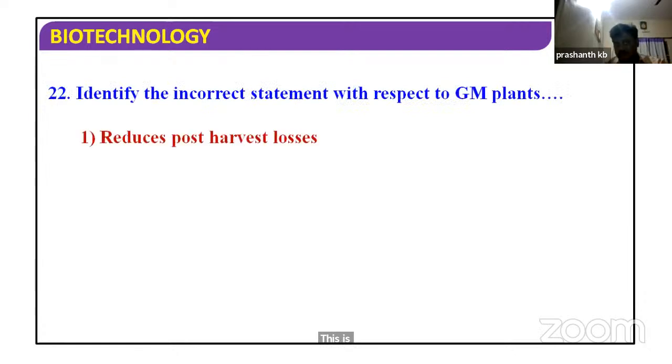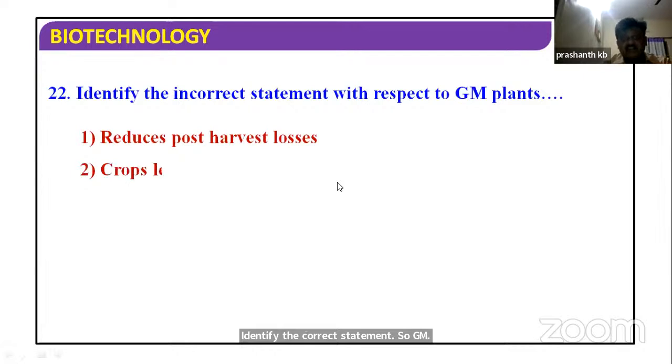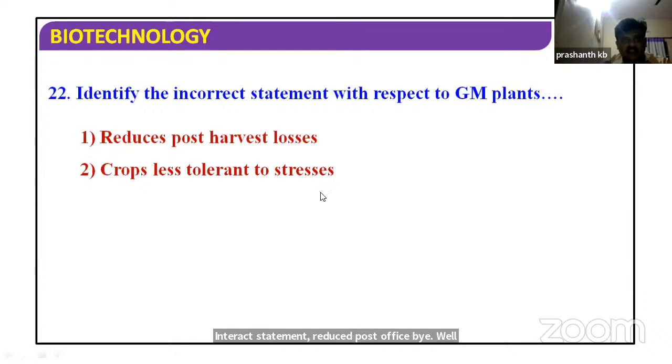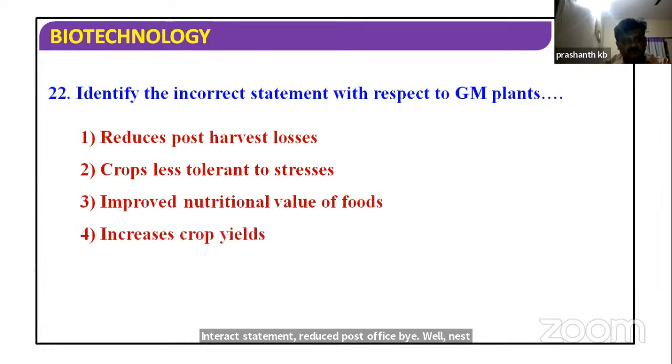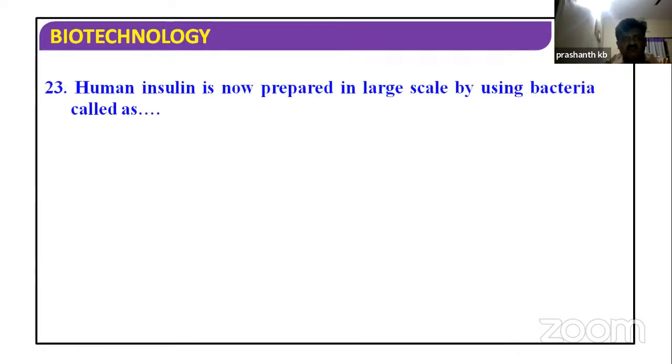Identify the correct statement with respect to GM plants. Reduce post harvest losses, correct. Crop stress tolerance less, wrong. Second one is the incorrect statement. Next.